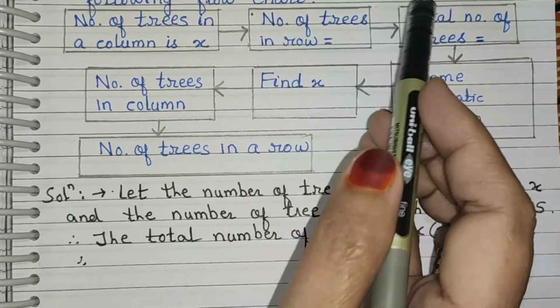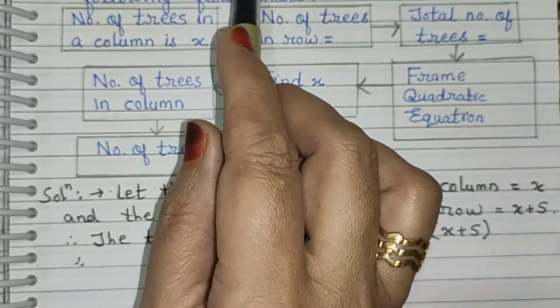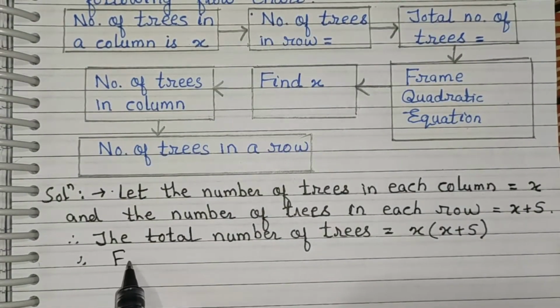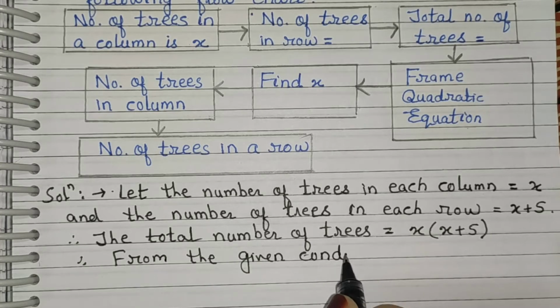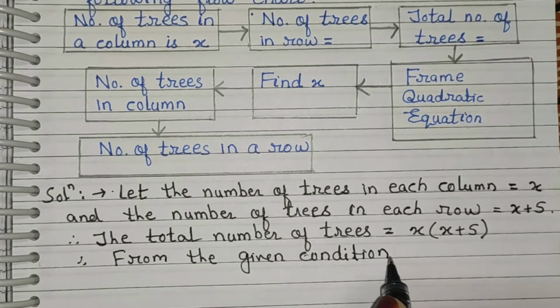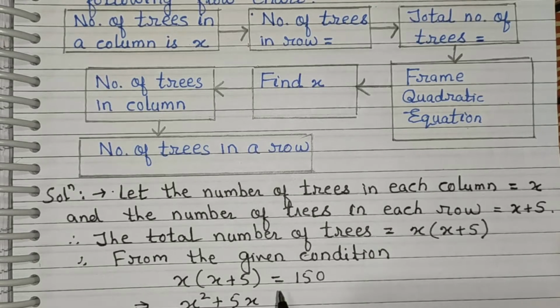The total number of trees is given here 150 orange trees. Therefore from the given condition x into x plus 5 is equal to 150. Now open the bracket here, we get x square plus 5x.